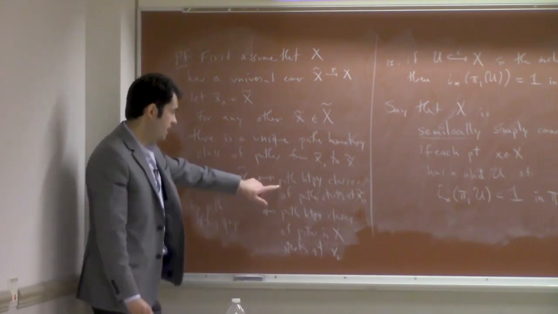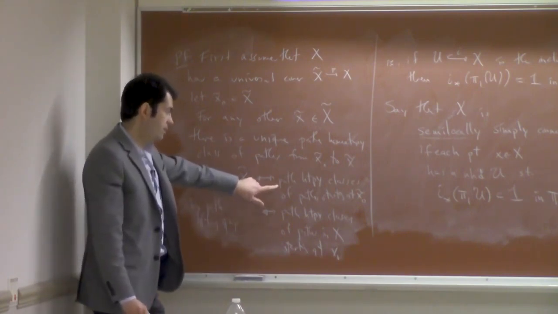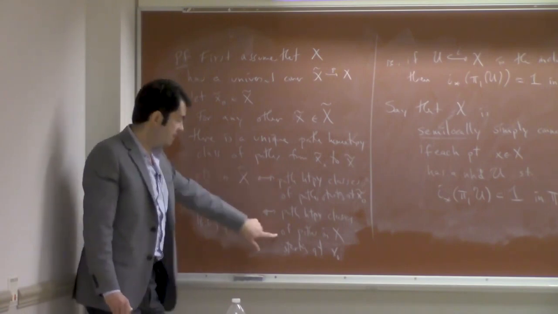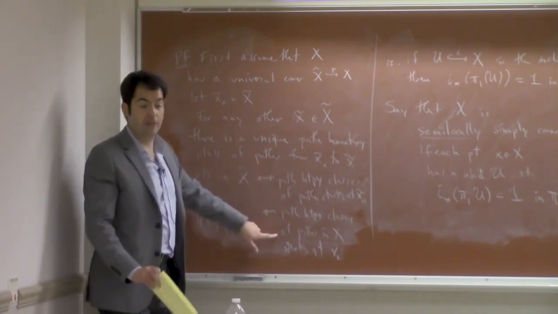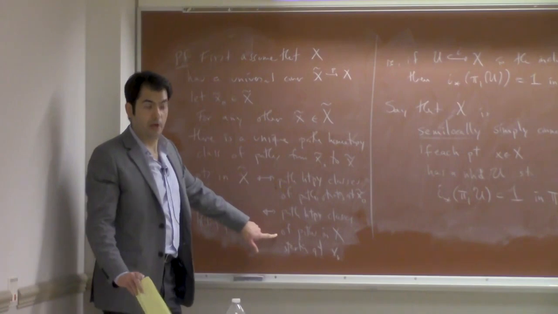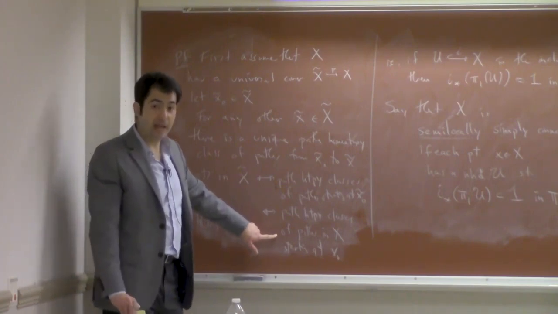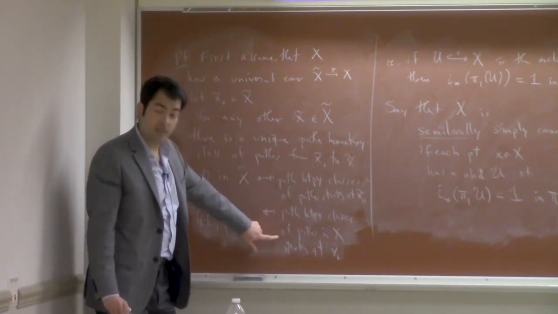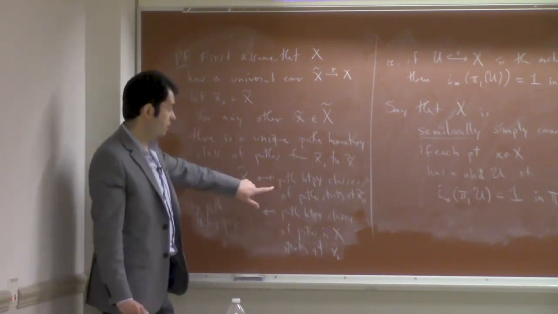Right? Because if you give me a path homotopy class of paths in x tilde, I can project it down to x, and I'll get a path homotopy class of paths in x. And vice versa, if you give me a class here, I can lift it uniquely to a class up here.